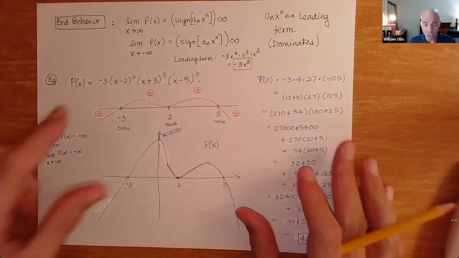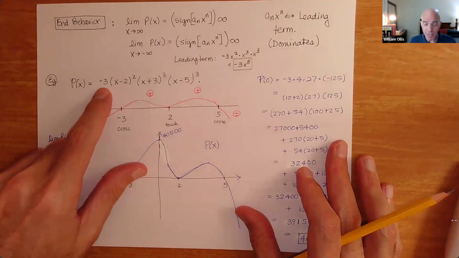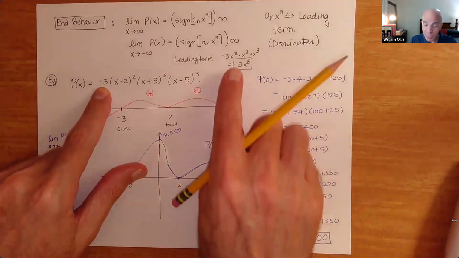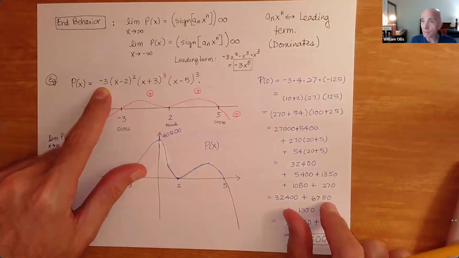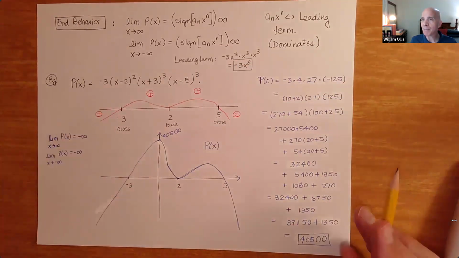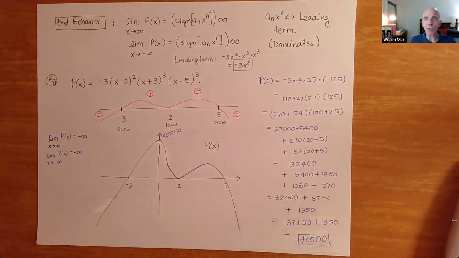Okay, and so that's why we can always put the leading coefficient out to the left, which we see ends up in the leading term when we do this computation. So again, there's a lot of theory going on here, and what we're trying to do is just get the basic ideas.